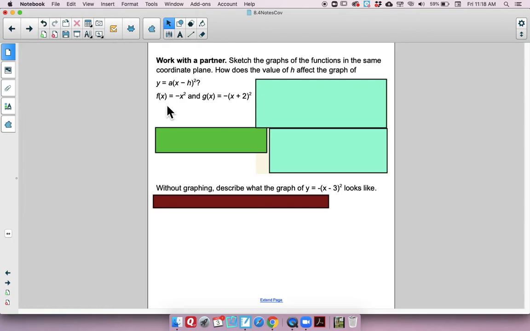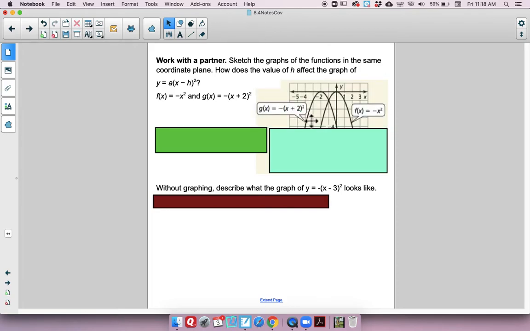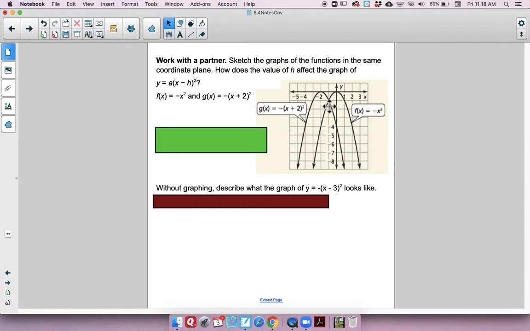Okay, so let's see. What would you expect that f of x, which is equal to negative x squared, would look like compared to g of x, which is negative the quantity x plus 2 squared? Think about how this form could be changed so that it's a minus here. Go ahead and sketch those graphs. And probably what you saw was they're both down because we got a negative a, negative in front.